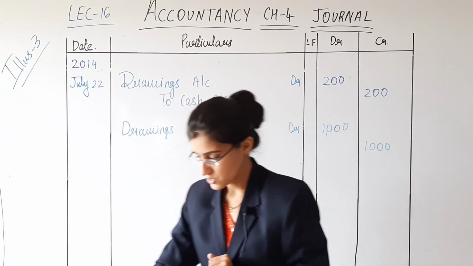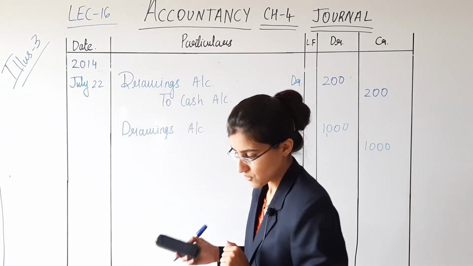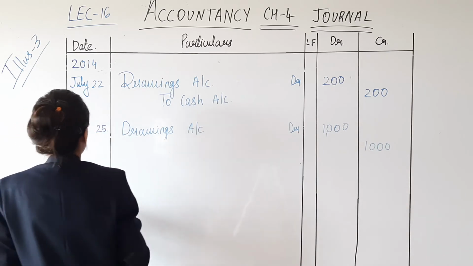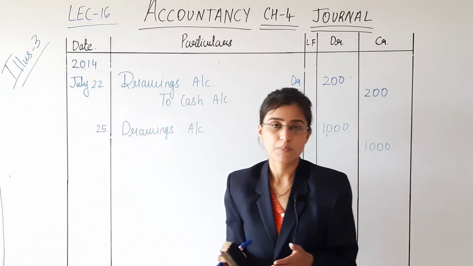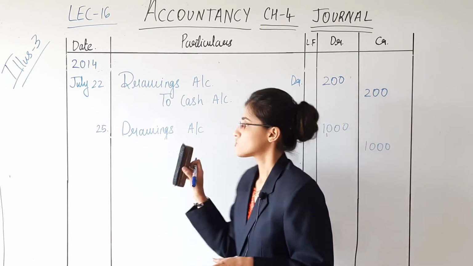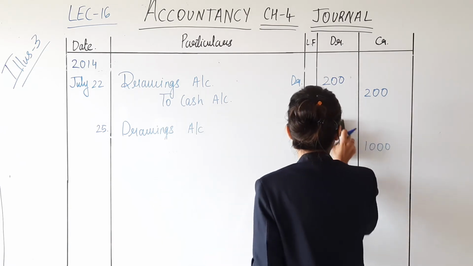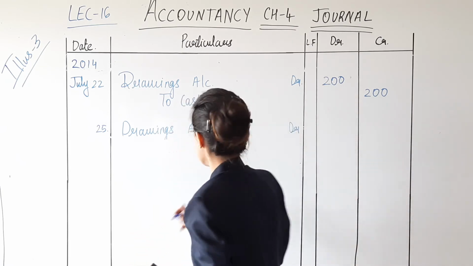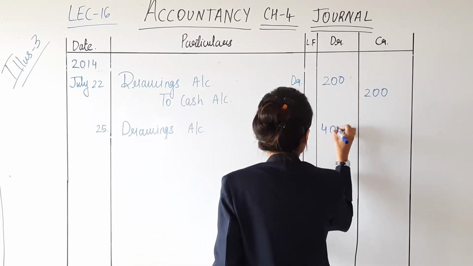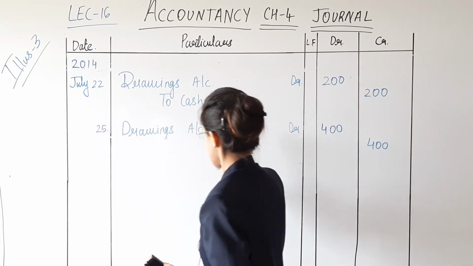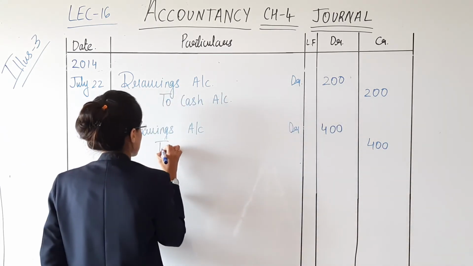So, the journal entry is on 25th of July. Firstly, goods have been taken for personal use. Definitely it is drawings. So, drawings account debit, goods worth rupees how much? 400. So, now the question is what to credit? Drawings account debit to purchase account.